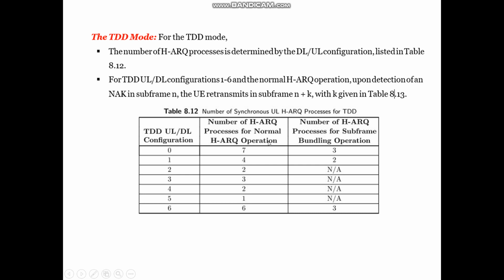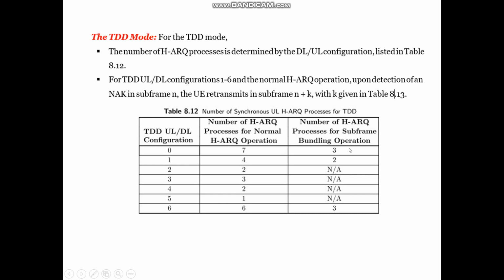So using this particular table as a lookup table, depending on the TDD uplink or downlink configuration 1 to 6 and the normal HARQ operation, upon detection of a NAK in subframe n, the user equipment retransmits in subframe n plus k, with k given in table 8.13.